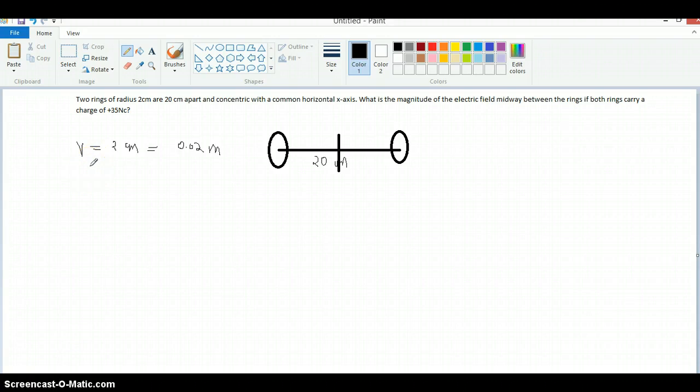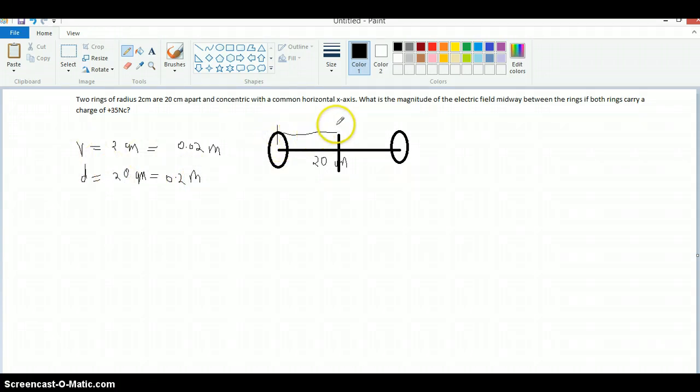Then I have the distance between those two concentric circles, which is d equals 20 centimeters, which is actually going to be 0.2 meters.